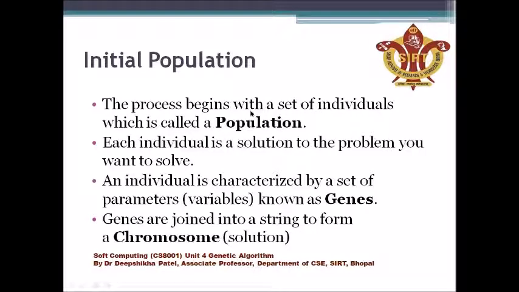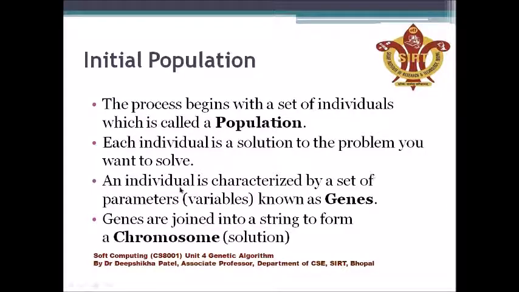So initially we have a population with individuals, or we can say solutions, and among those solutions we have to find the best one when we apply genetic algorithm methods. Each individual is a solution to the problem.